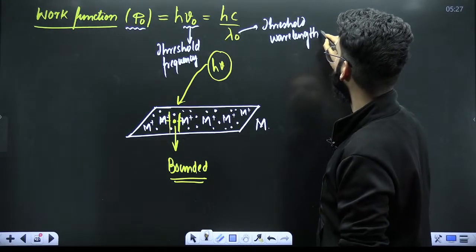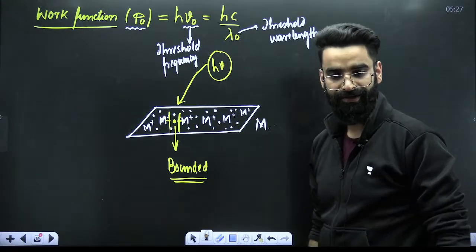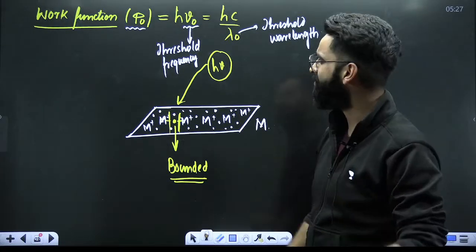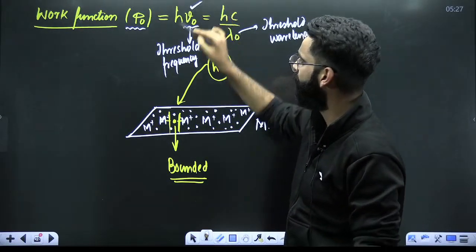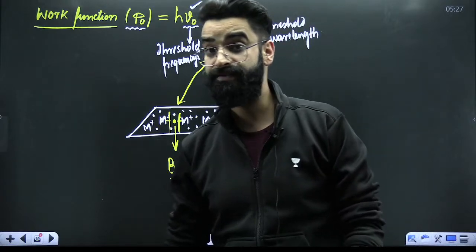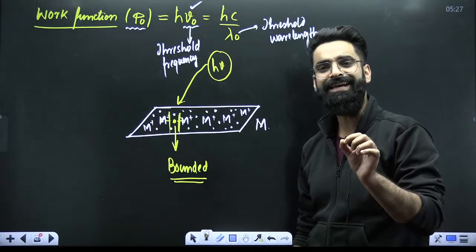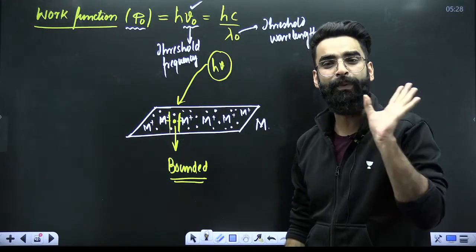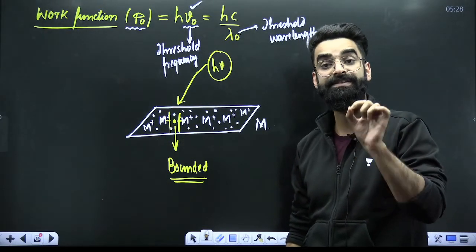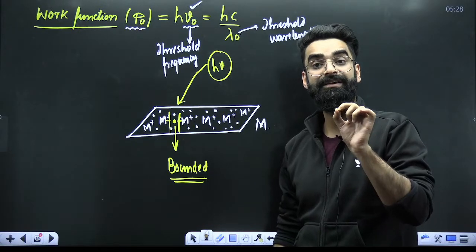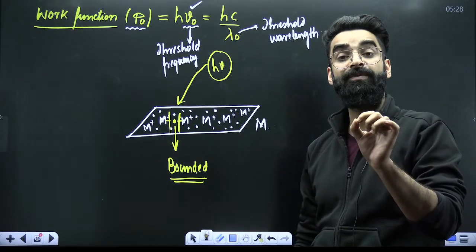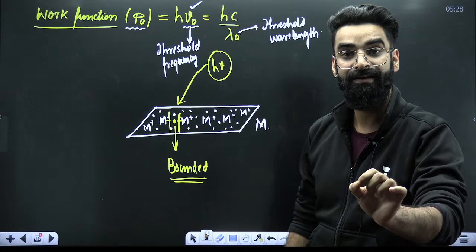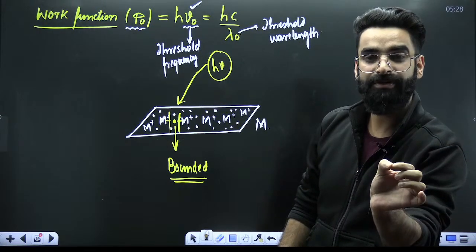This is called the threshold wavelength, right? Now, my dear students, if I ask you to define this threshold frequency, can I say it is basically the minimum frequency carried by the photon, such that the photon is able to take the electron out?